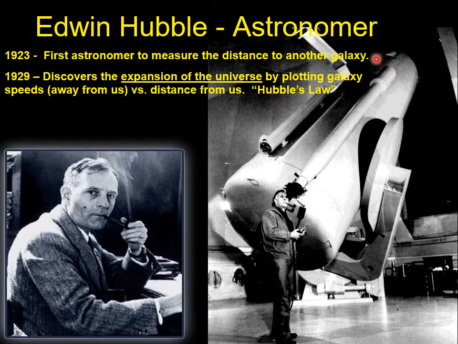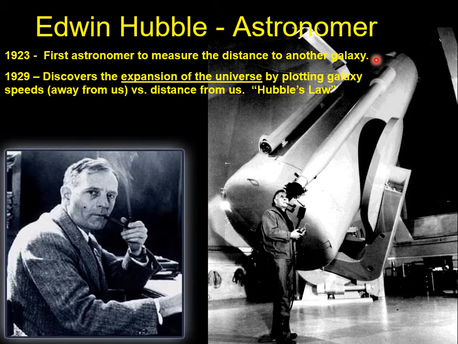Interestingly, before Hubble did this, everybody thought that the entire universe basically existed inside of our Milky Way galaxy. The other galaxies that were seen by telescopes were thought to be part of our Milky Way. They were thought to be either star clusters or just a nebula of gas and dust and stars and so forth.